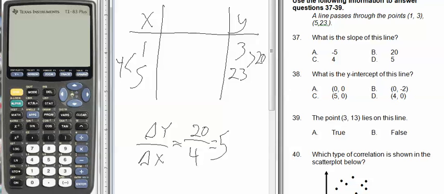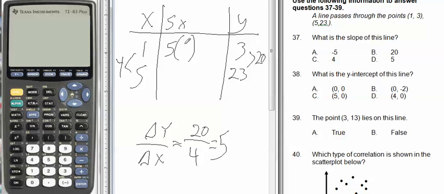So the slope of this line is going to be 5. So what is the y-intercept of this line? Okay, so to do this, we're going to have to finish out this formula. So we have 5 times x. We have 5x plus or minus something to give us y. So let's see if we can figure out what that is.